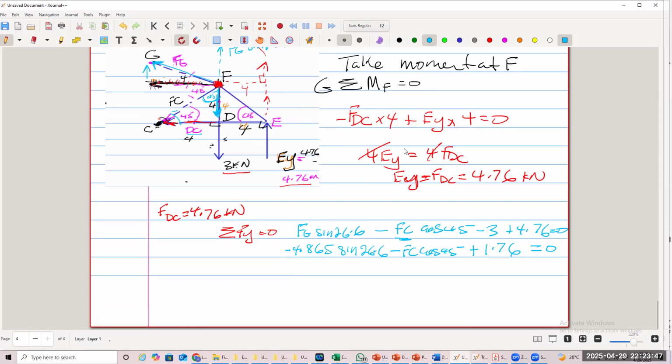The first one: minus 4.865. Am I using the correct value for Fg? Yeah. 4.865 times sine 26.6. So I'm getting minus 2.178. Everybody concur?